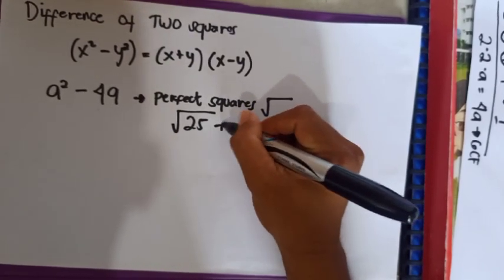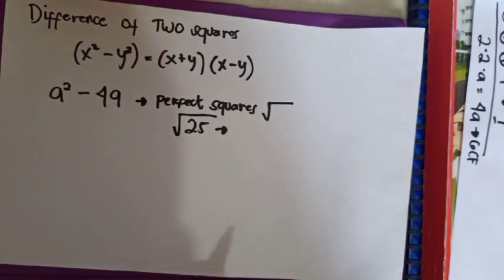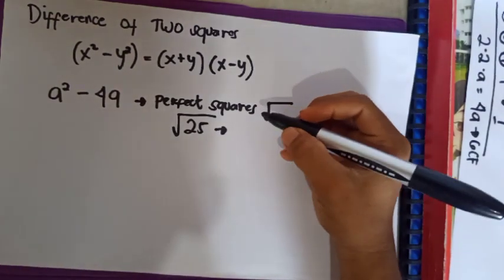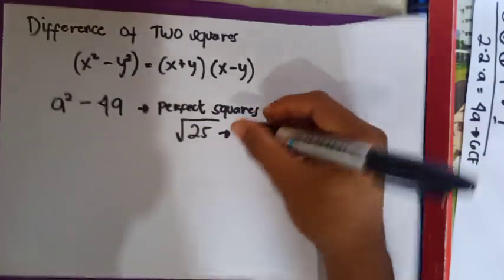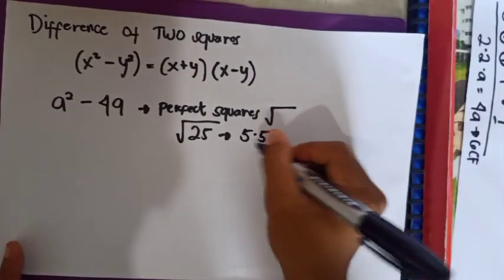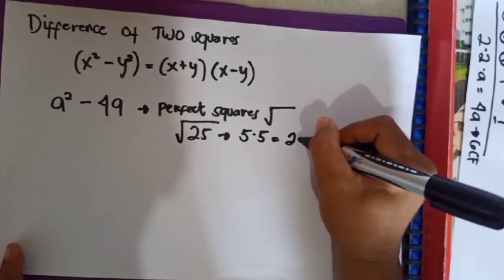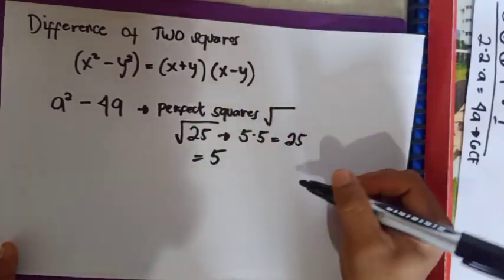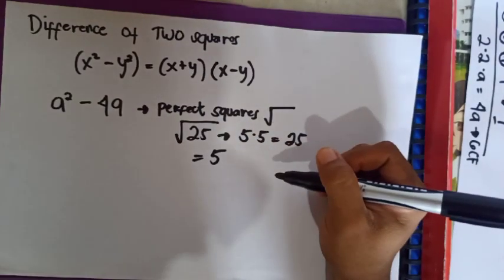Are there two equal integers that, if we multiply them, will result in 25? Yes, two equal integers, 5 and 5. It's equal to 25. So the square root of 25 is 5. So these are perfect squares.